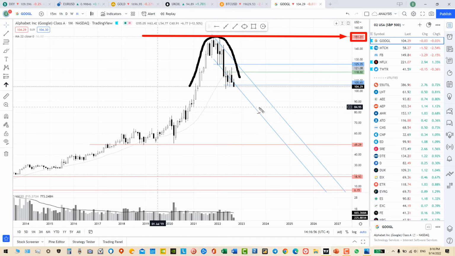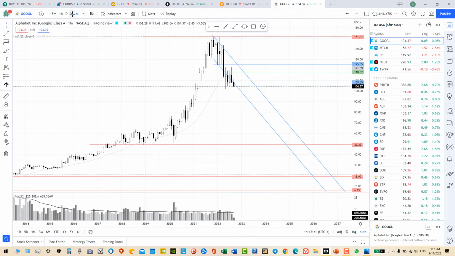And concerning the peak being formed and the stock starting its reflection to the downside, I think the major structure for Google stock is bearish as long as it is below $150 over the monthly and long-term charts.